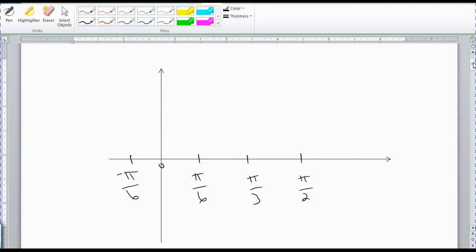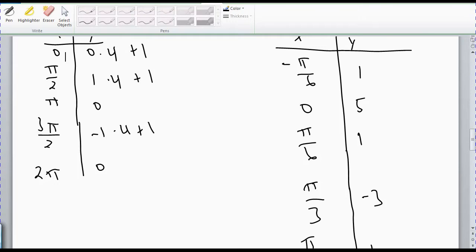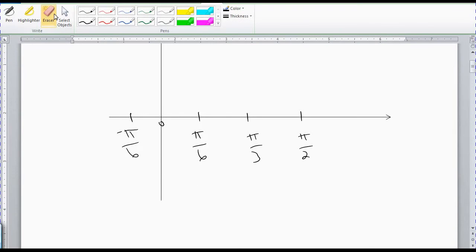So let's count this off. So what else do we have? Negative 1 also. So I'm going to count by ones. Negative 1, negative 2, negative 3, 1, 2, 3, 4, 5.